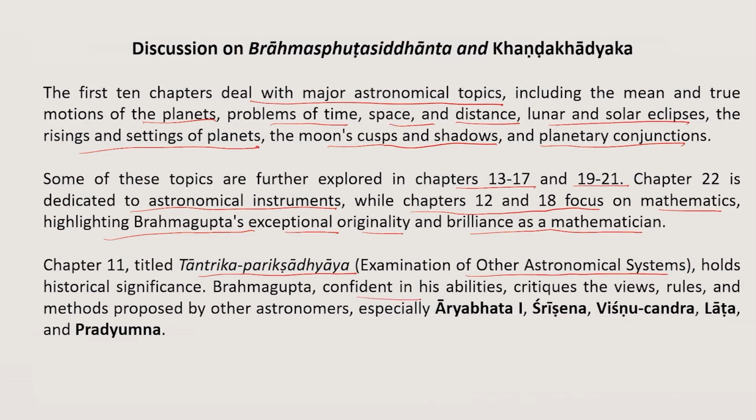Brahmagupta, confident in his abilities, critiques the views, rules and methods proposed by other astronomers, especially Aryabhat first, Sri Sen, Vishnu Chandra, Lata and Pradyumna.